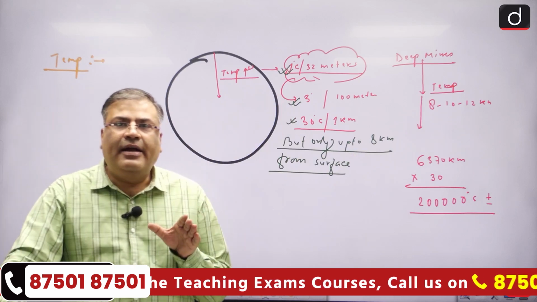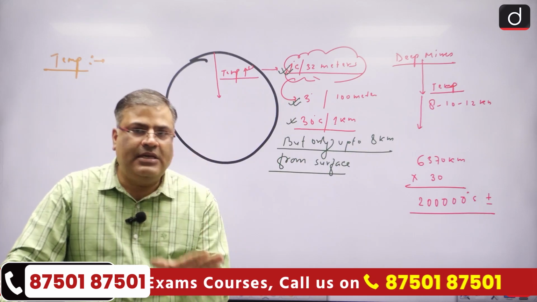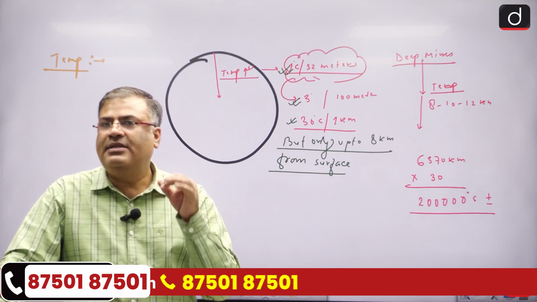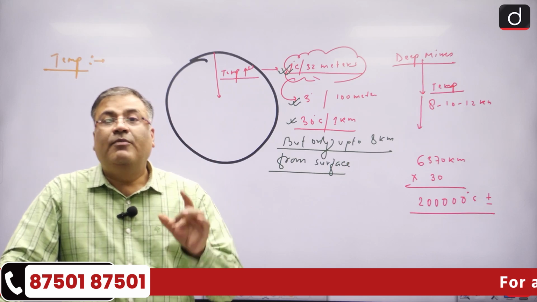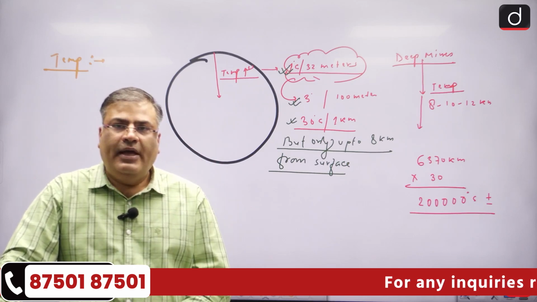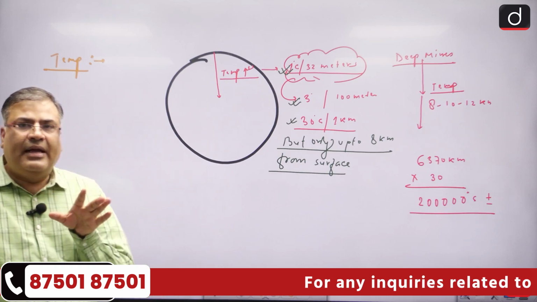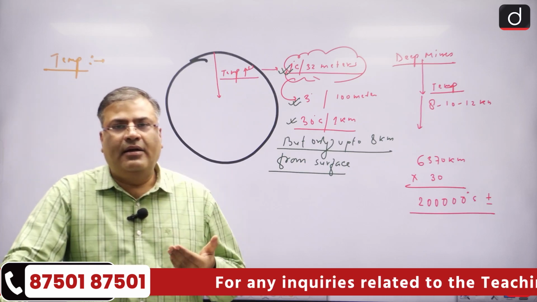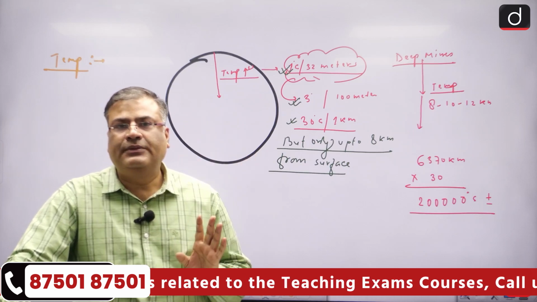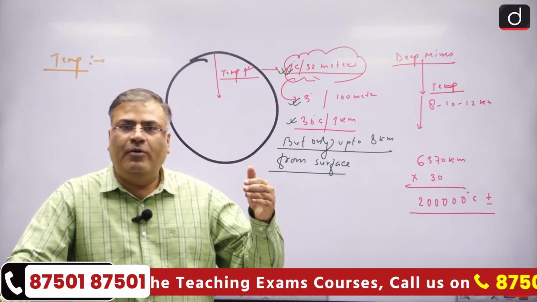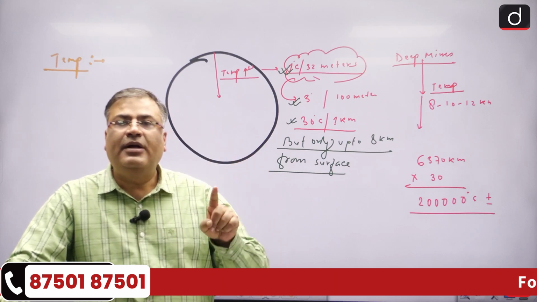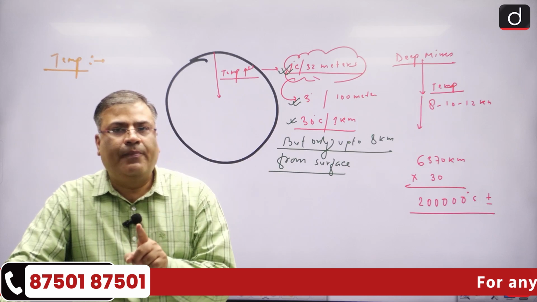Beyond 8 kilometers, temperature does increase, but at a reduced rate. It means the thermal gradient in the interior is initially very high with increasing depth, but after 8 kilometers, the temperature keeps on increasing at a reduced rate.